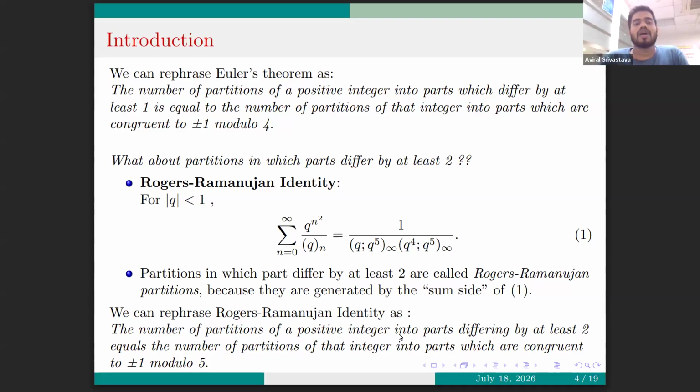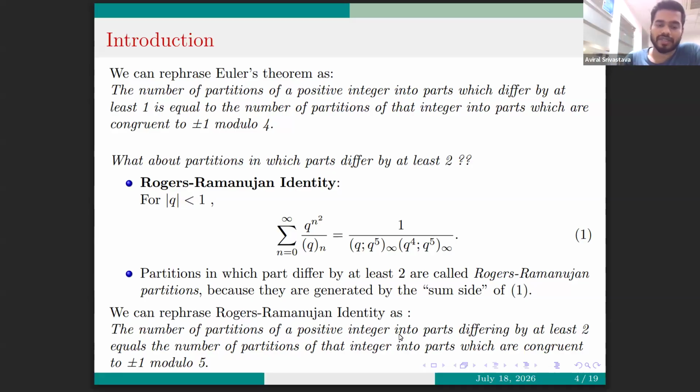Since the left-hand side of this identity generates the partitions where parts differ by at least 2, we call such partitions Rogers-Ramanujan partitions, as I mentioned in my title.